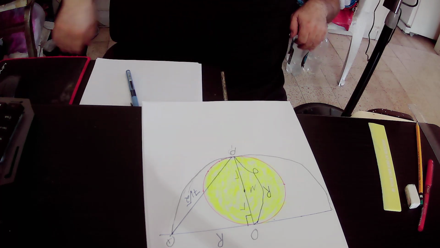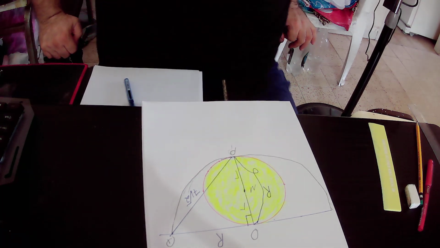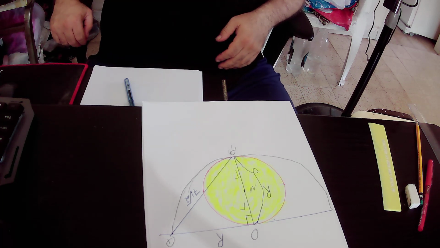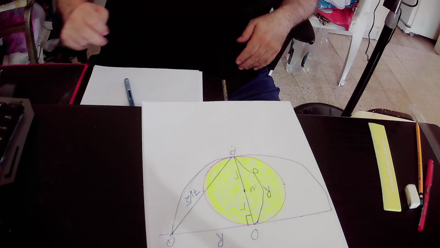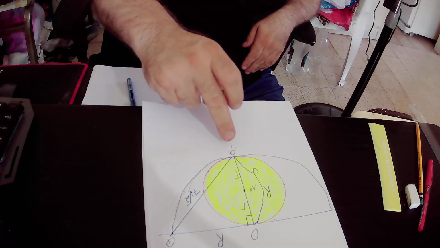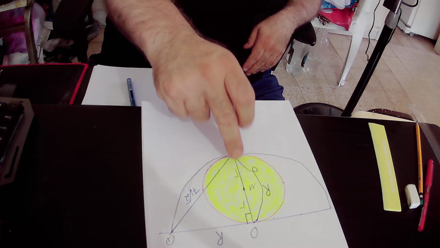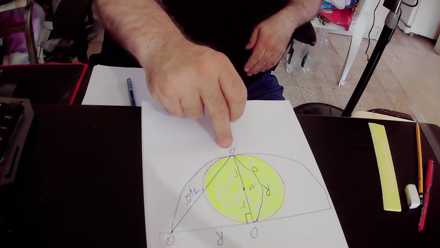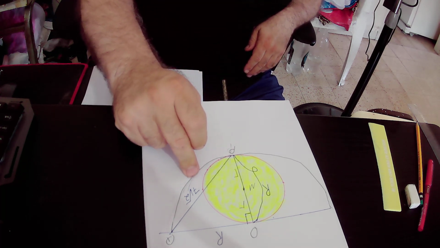The center of the semicircle is at point O, and inside the semicircle we have the yellow small circle, and we see that the touching point between the yellow circle and the semicircle is at point P, or the point of contact between the yellow circle and the semicircle at point P, and the size of the line segment PQ equals 7 times root 2.